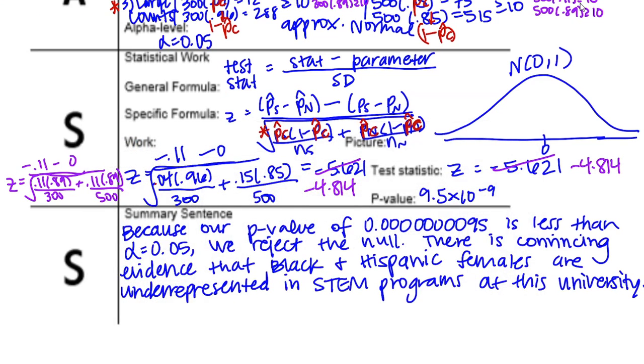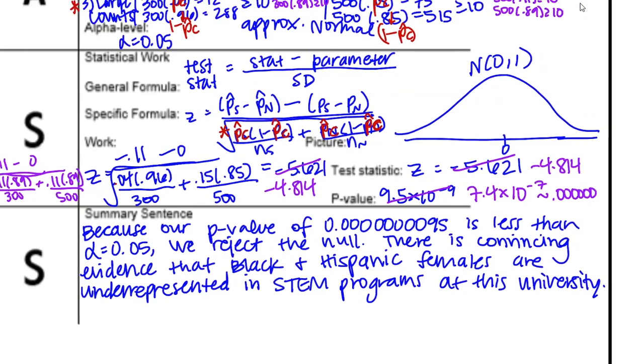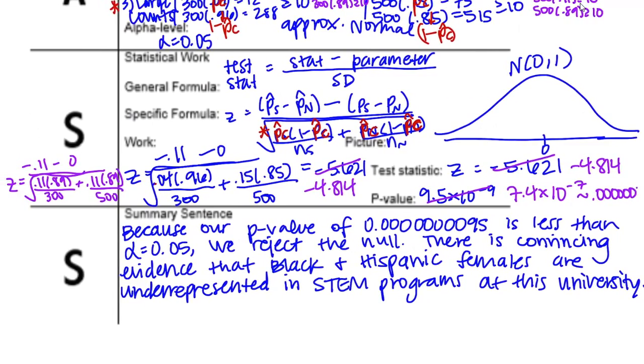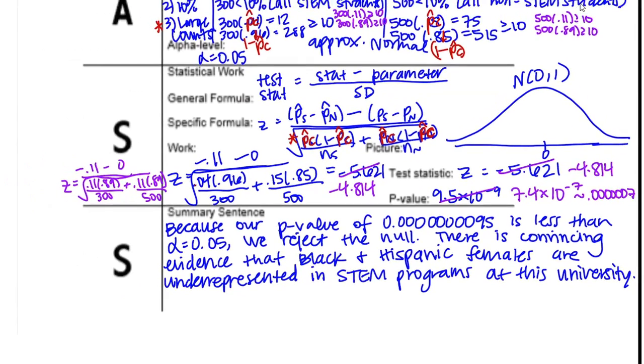So it doesn't change the outcome because that's still 1, 2, 3, 4, 5, 6 zeros before I put that number 7. And I'm not worrying about changing the S.